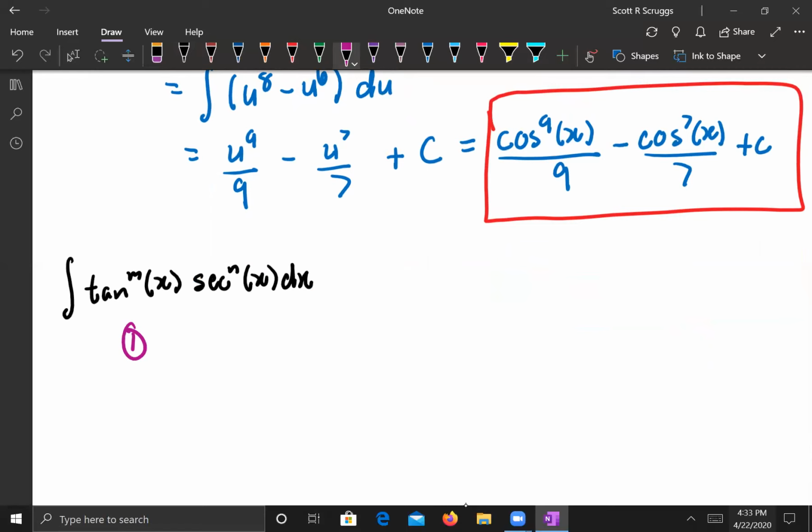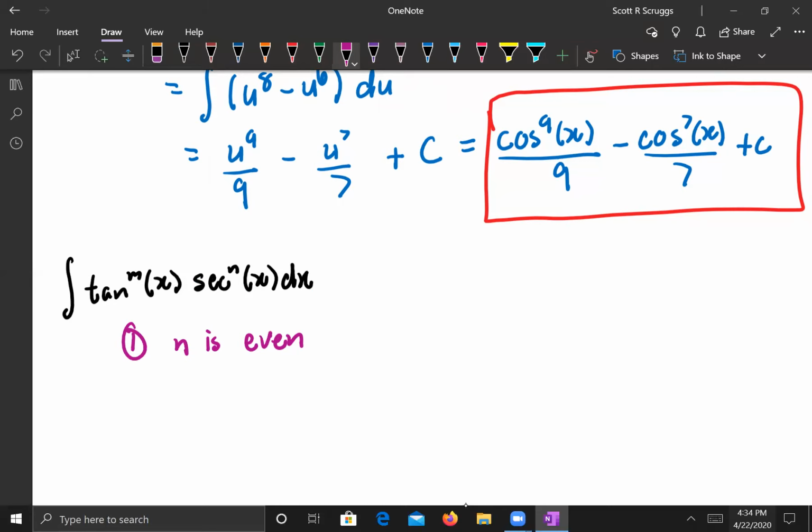And the main scenario is, first I'm going to deal with when I have that n. And that's going to be when secant is even. How do I deal with that?